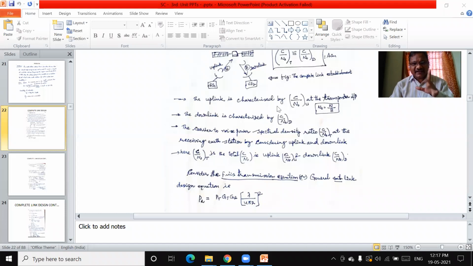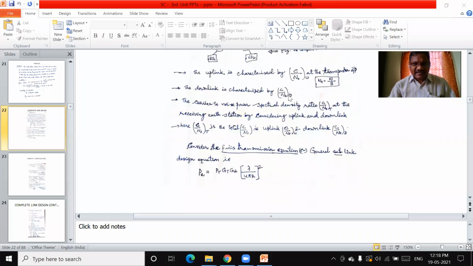That is the U, uplink U. And the downlink is characterized by C by N naught D. Two things are very clear. The uplink is characterized by the C by N naught U at the transponder. Please, all of you see, it is not the transmitter. This is the receiving antenna D. Here the transponder C by N naught U at the transponder input and the satellite, and here receiving at the station. This is the second point, downlink.